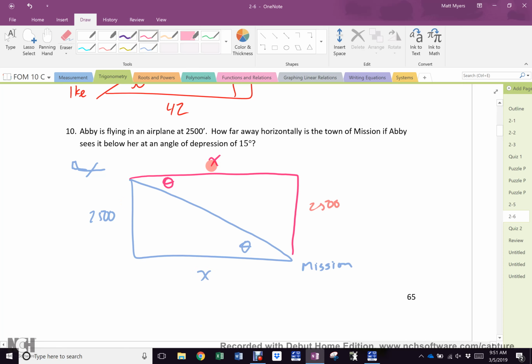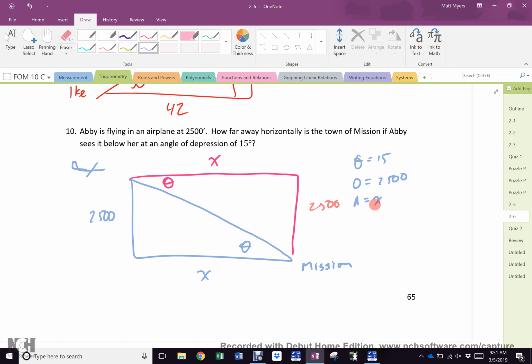Is it going to matter which one we do? No, because I have theta of 15 in the blue triangle. Opposite is 2,500 and adjacent is x. And is that not the same thing in the pink triangle? So it doesn't matter which one I use.